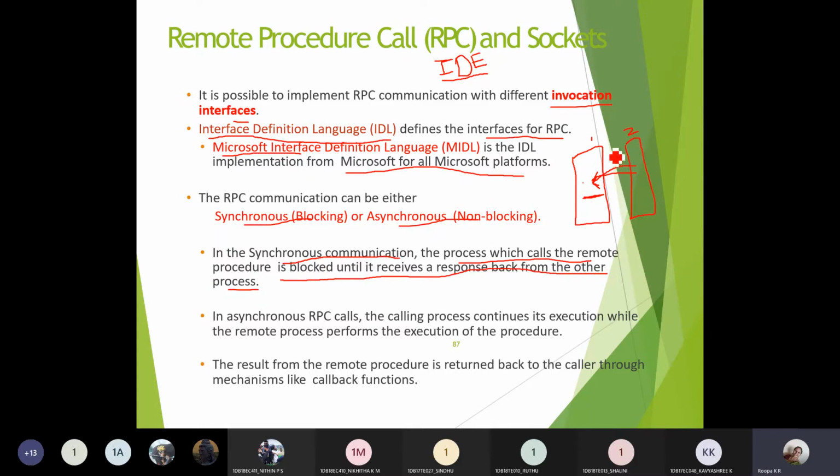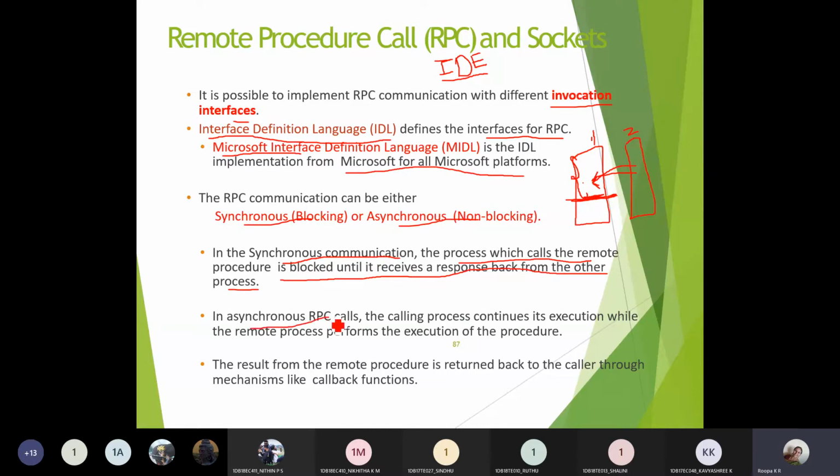Just like the example I told you, process 1 makes a request to process 2 asking for the data, and until and unless process 2 sends the data, the operation of process 1 is blocked. Once you get back a response from process 2, the execution of process 1 will start. So this is about synchronous communication.